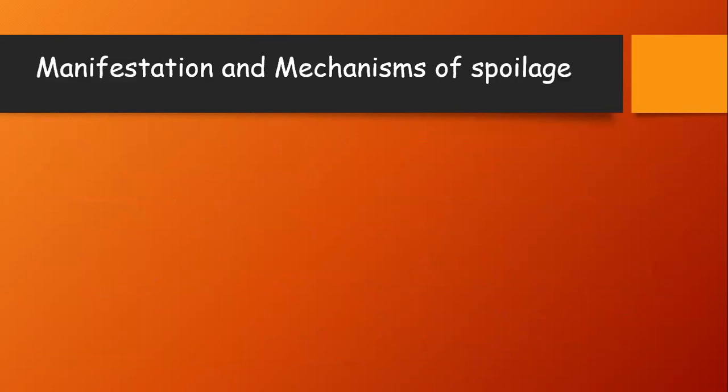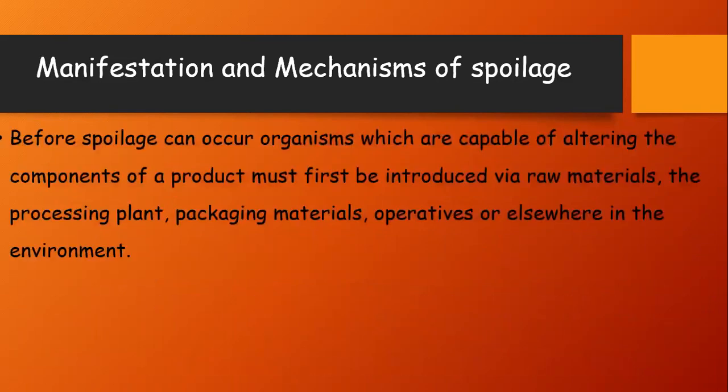Manifestation and mechanism of microbial spoilage. Before spoilage can occur, like I said, microorganisms must first of all be introduced into the product, and this could come via different means.